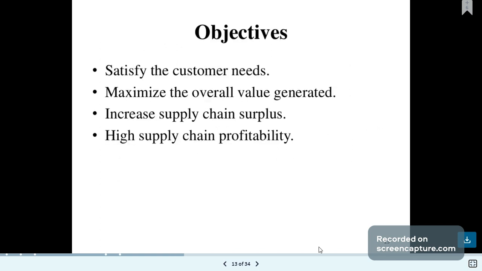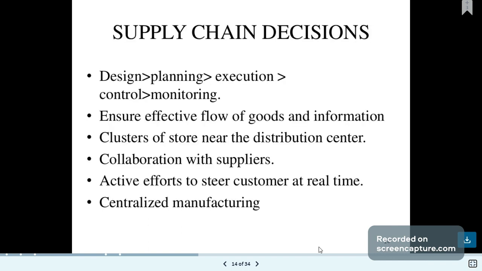Objective: what are the objectives of this session? To satisfy customer needs, maximize the overall value generated, increase supply chain surplus, and achieve high supply chain profitability. Supply chain decisions start from design, planning, execution, control, and monitoring, ensuring the effective flow of goods and information.